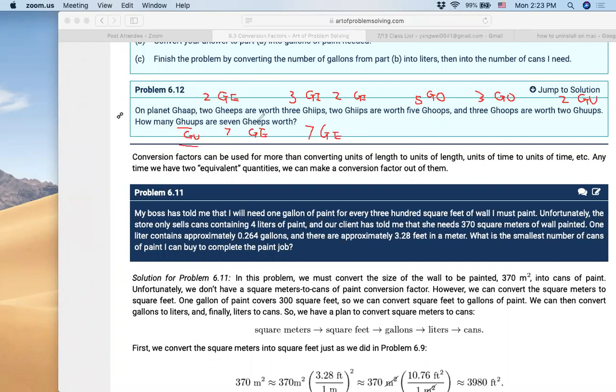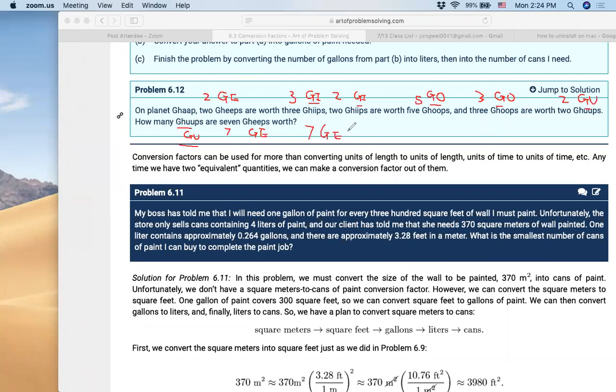So we can first convert the number of GE to the number of GI. Then by this ratio, 2, 3, right? Then use the next ratio, 2 GI equals 5 GO. We can convert the number of GI to GO. Then use the next ratio, GO to GU. We can get the number of GU, right?